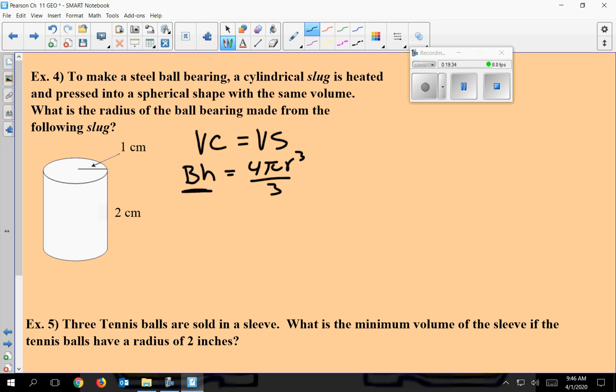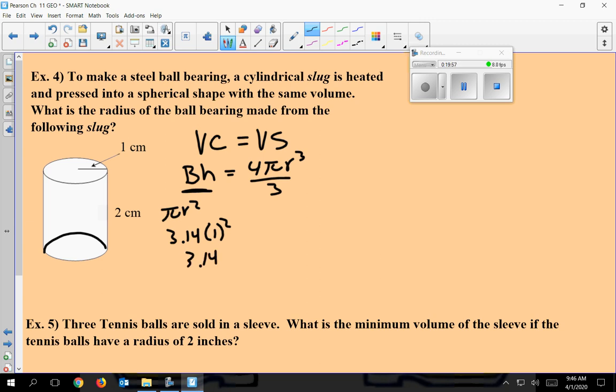If you remember, the area of the base of this cylinder is a circle, so pi r squared. I'm going to do this in number form here, okay? So 3.14. The radius is 1, so 1 squared gets me 3.14.